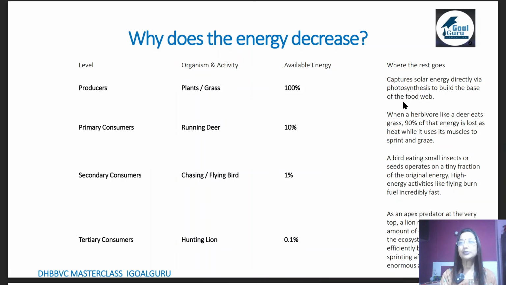Okay, so before concluding, I would tell you once again, this chart that I have made for you: just see where the total energy goes, how much each level receives and where it goes, and why the energy goes on decreasing at each and every trophic level.